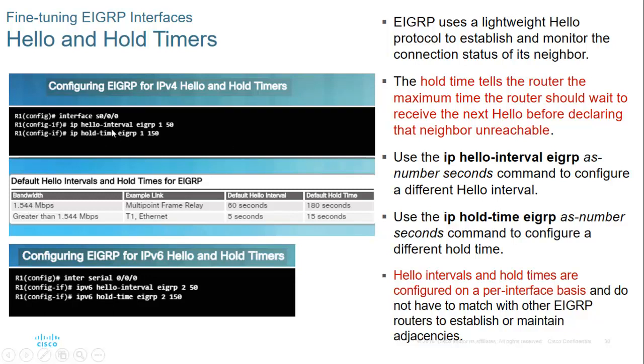Okay, ip hello-interval eigrp 1, this is the autonomous system number, and 50 seconds. So you can adjust that. ip hold-time eigrp, again, autonomous system number, 150 seconds. So using this command, whether in IP version 4 or IP version 6, you can actually adjust the hold time and the hello timers.